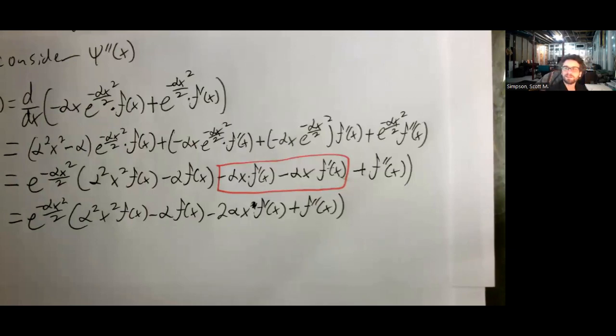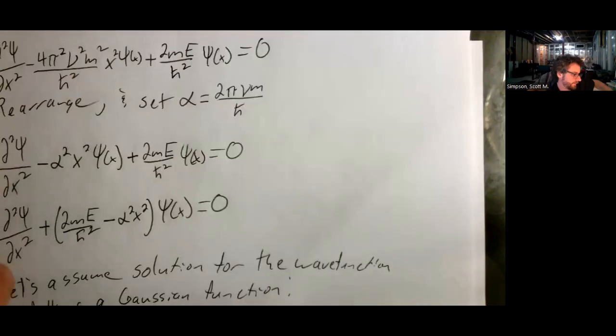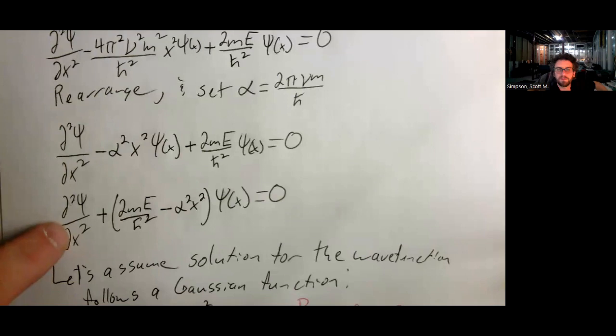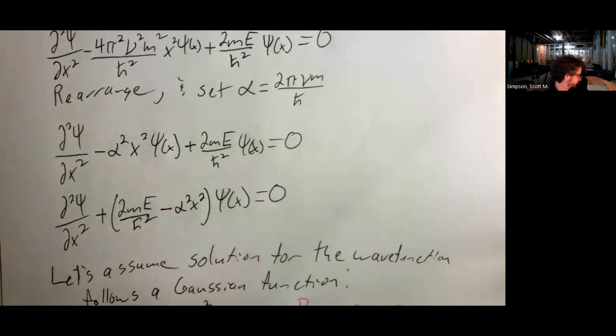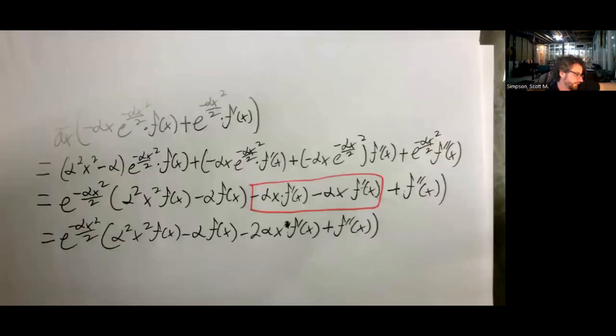So now, does this actually look any better? Not really. What we're going to do now is take these derivatives that we've developed, plug them into the Schrodinger equation, and see what comes out.